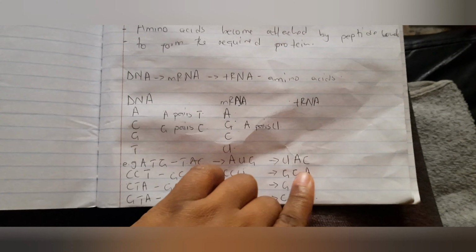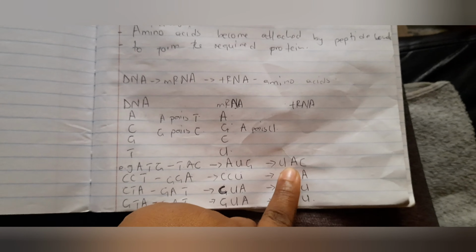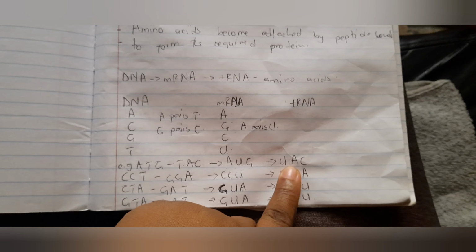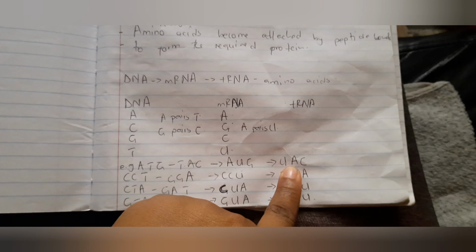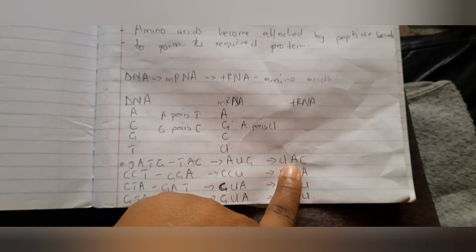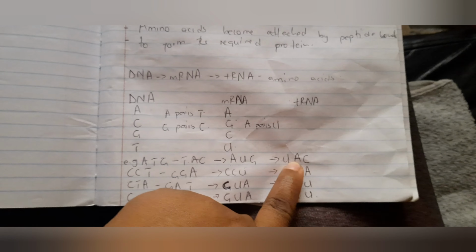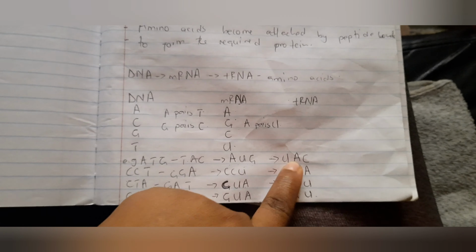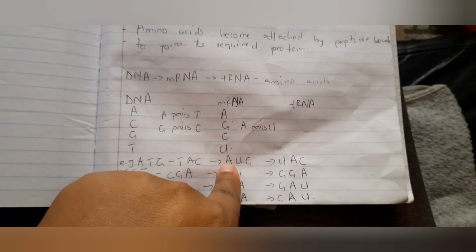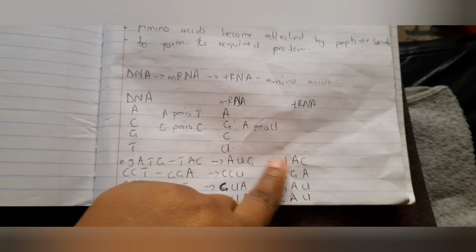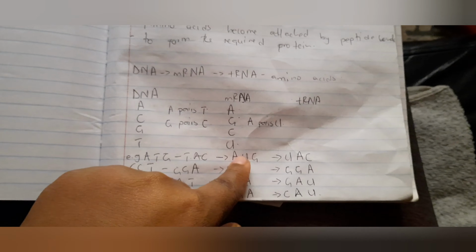If you are given UAC, which is your tRNA, and they want you to know what DNA codon was used to form tRNA UAC, you pair it to the mRNA. U gets paired with A, A gets paired with U, and C gets paired with G. Now you have your mRNA.